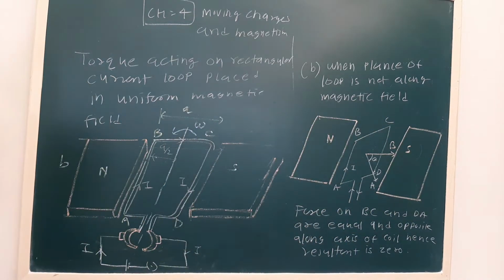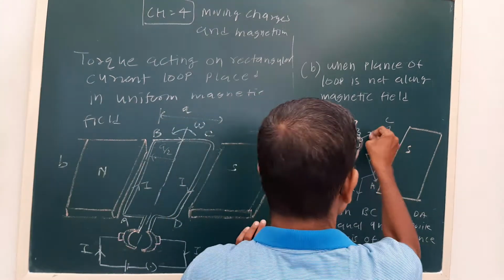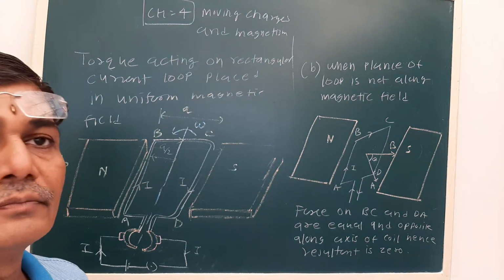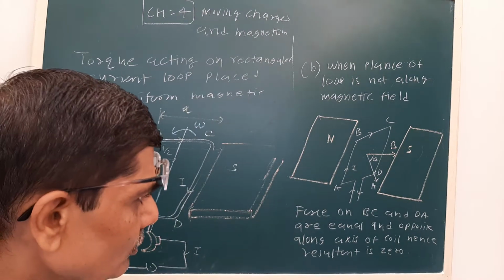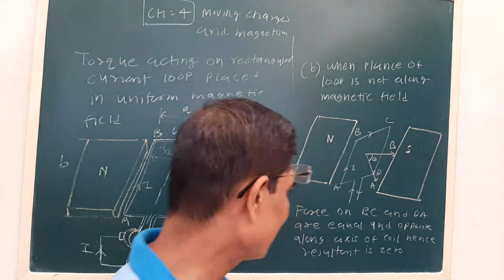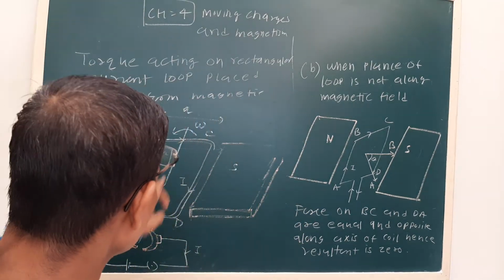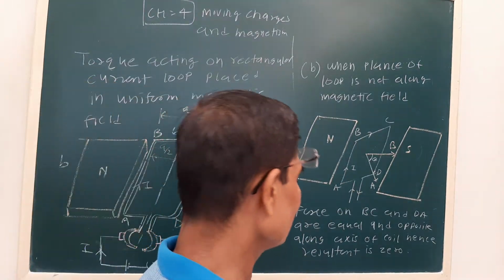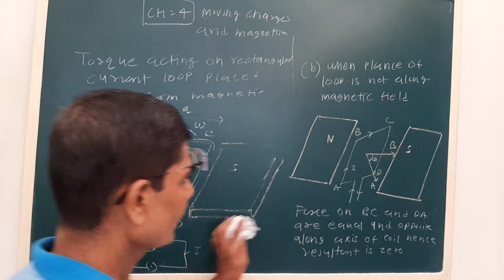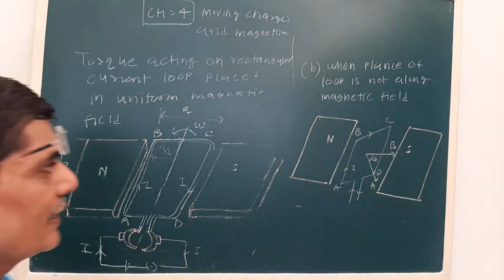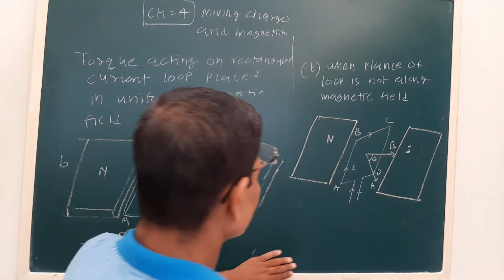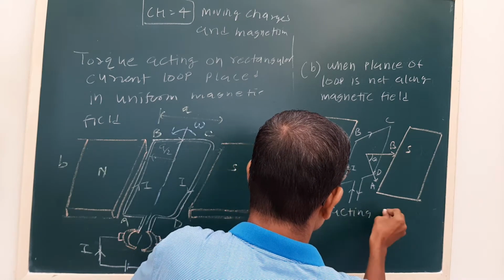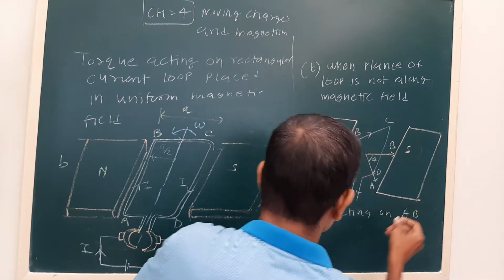Here also the forces on BC and DA are of equal magnitude but in opposite direction. They are directed along the axis of the coil, so the resultant of them is 0. Now what is the force acting on arm AB?